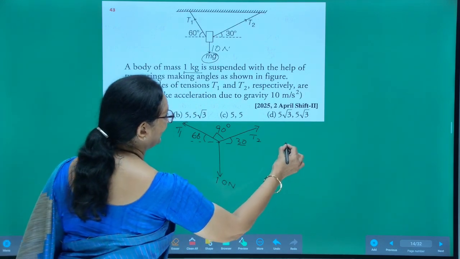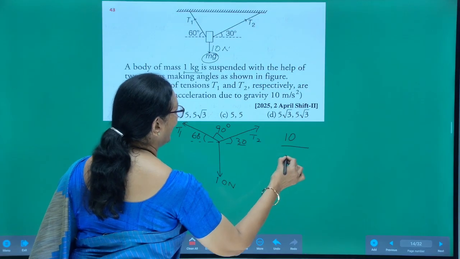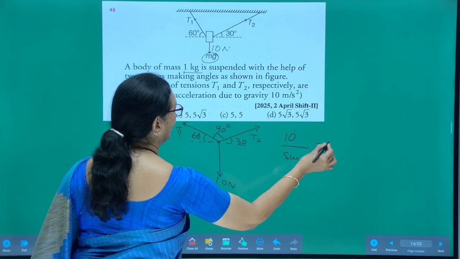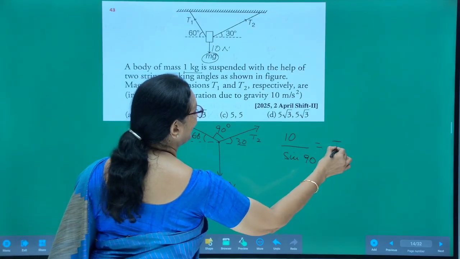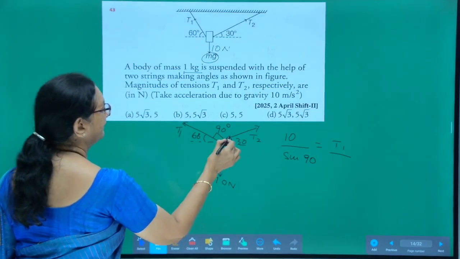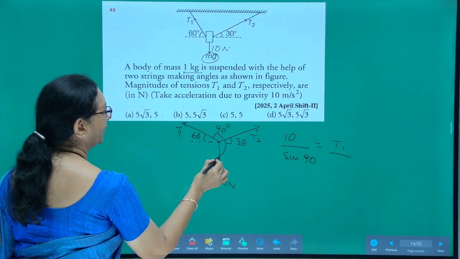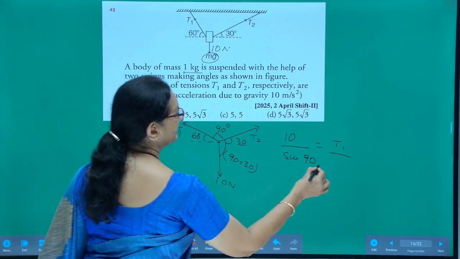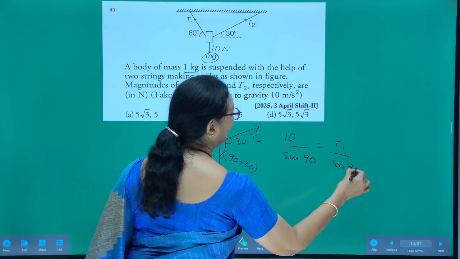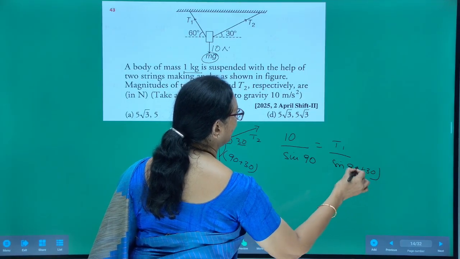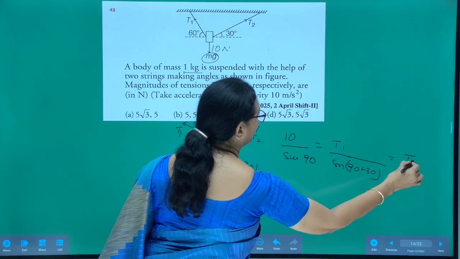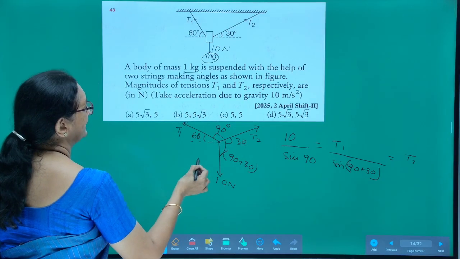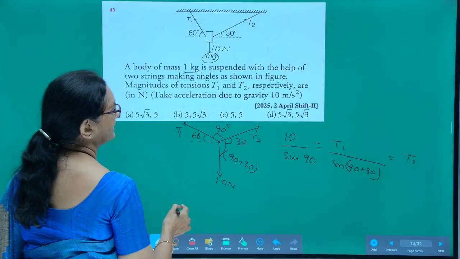So, it is 10 Newton. From Lami's theorem, 10 by sine of its opposite angle is equal to T1 by sine of its opposite angle. This total angle becomes 90 plus 30. So, sine 90 plus 30, everything is in degrees. That is equal to T2 by sine of its opposite angle, 90 plus 60.